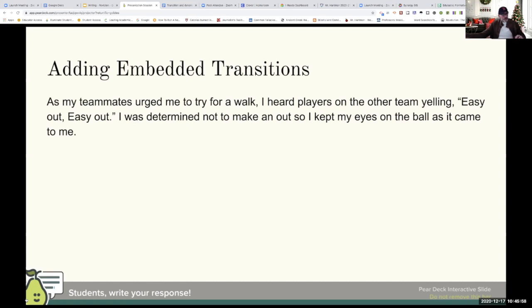Clues for this particular section: one transitional phrase, one transition word, one transitional phrase, one transition word.